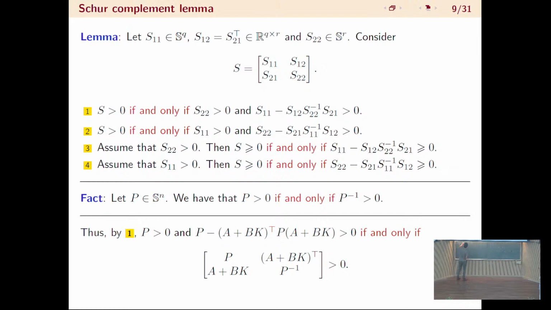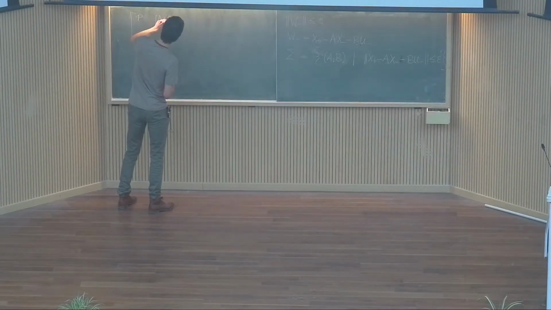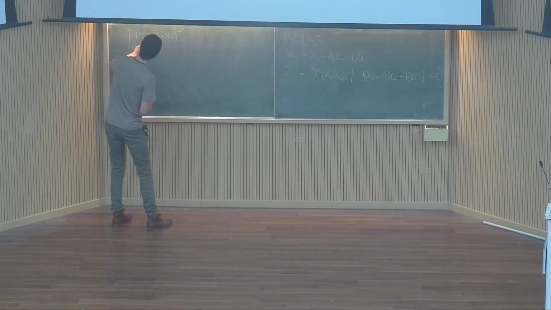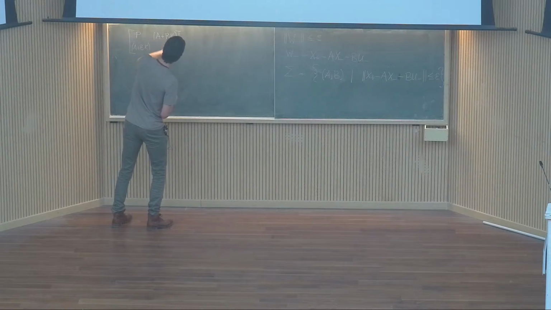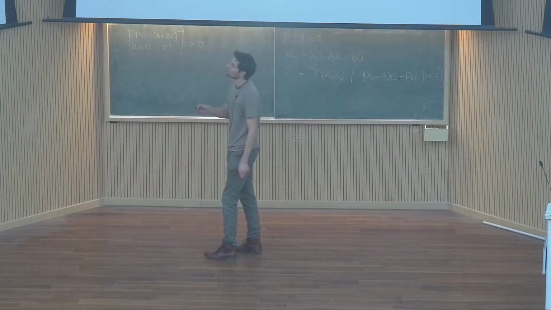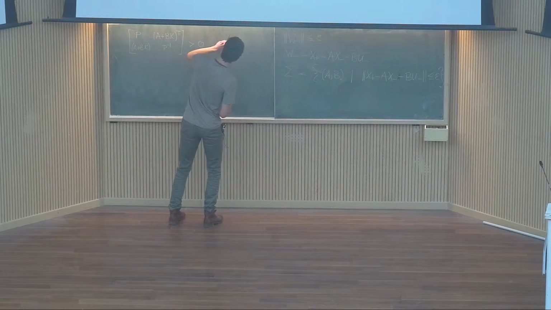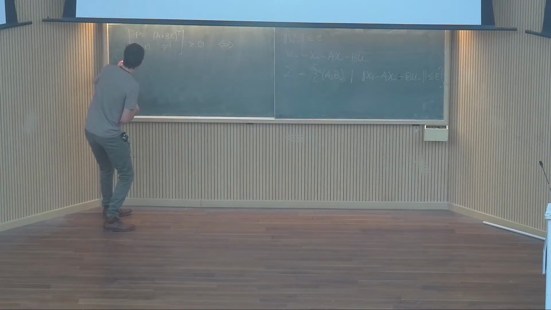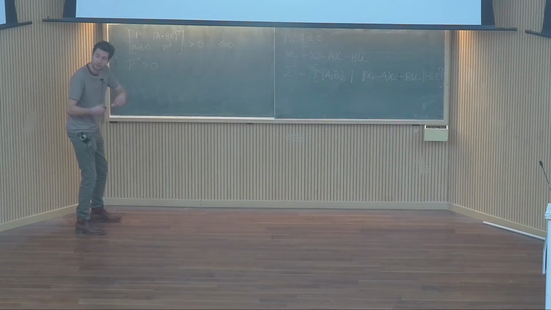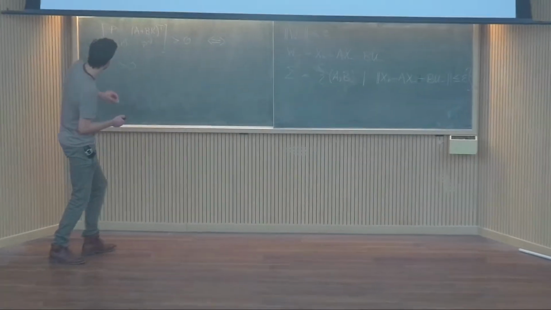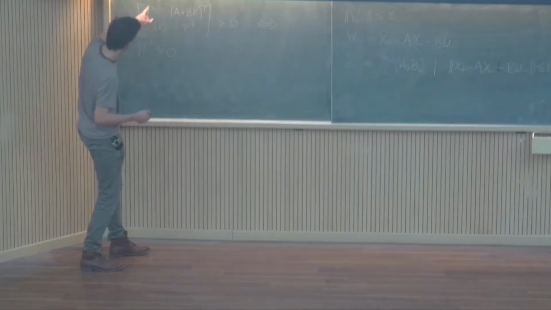So let's write this big matrix. I have something like P, A plus BK transpose, A plus BK, and P inverse, which is positive definite. By item 1, that's equivalent to saying that the S22 block, P inverse, is positive definite, and the Schur complement with respect to this 2-2 block is positive definite. So let's compute the Schur complement. As always, we go in this clockwise fashion.